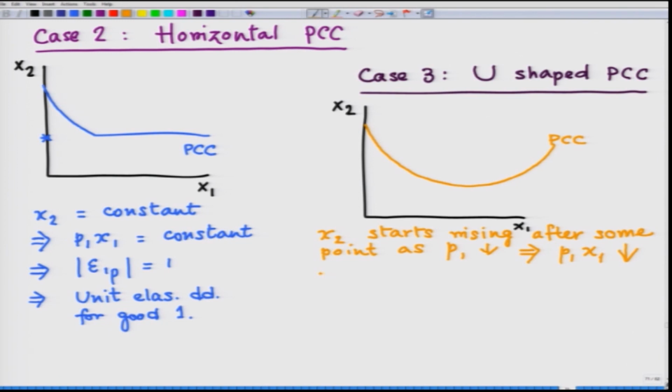So, what does that imply? It implies that we are dealing with a demand function whose absolute value of own price elasticity is less than 1. So, that means we are working with an inelastic demand function for good 1.